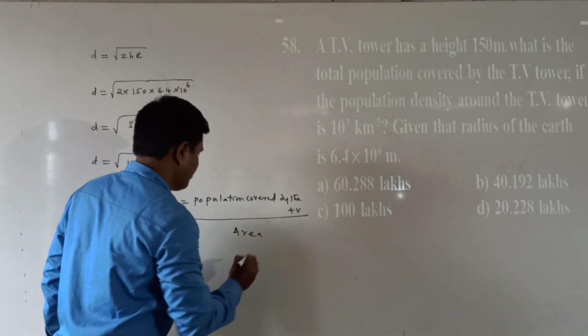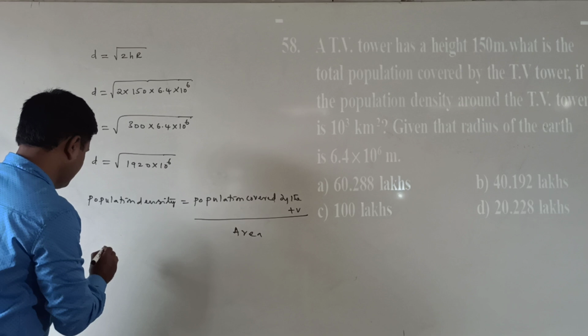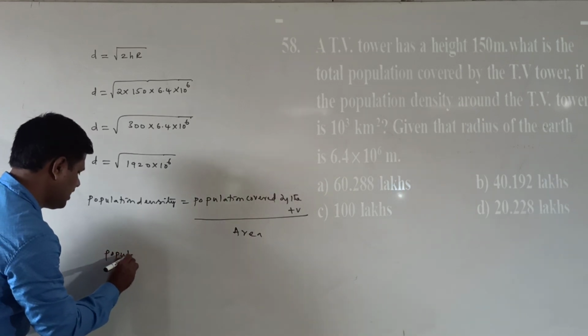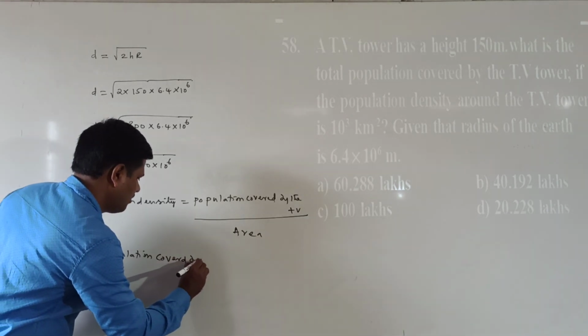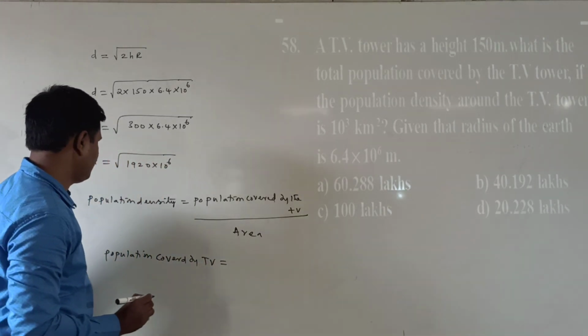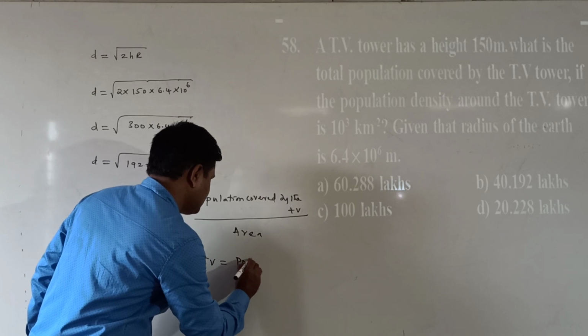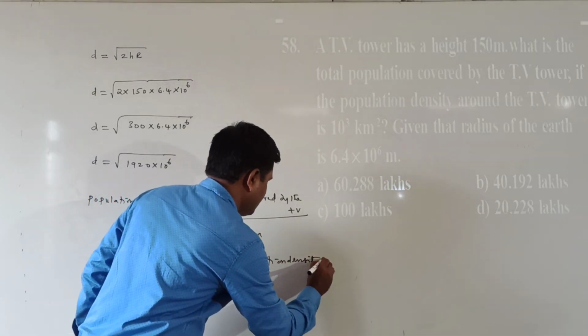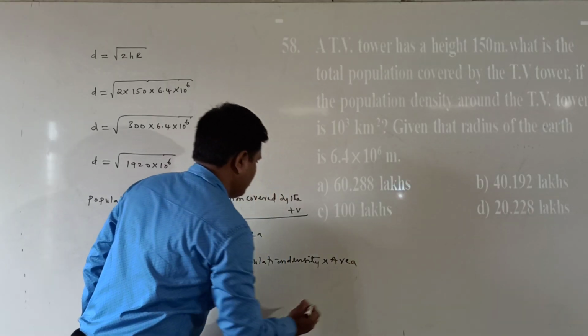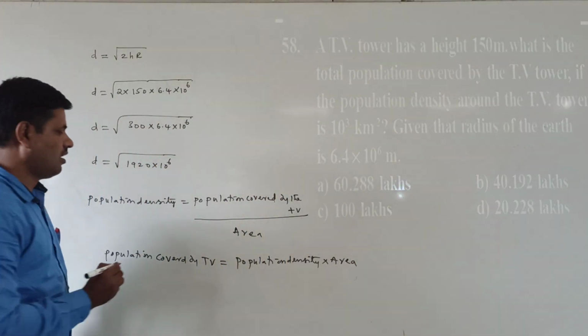This is the formula. So the population covered by the TV can be written as population density into area.